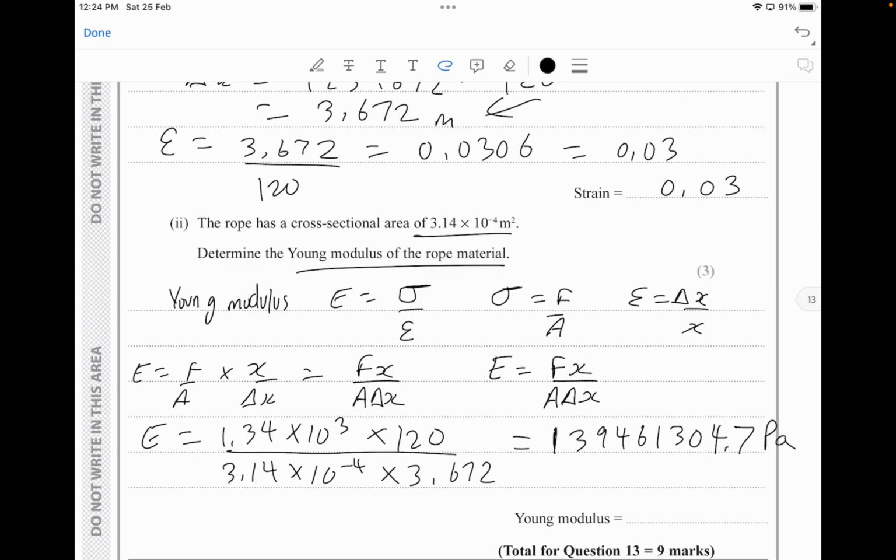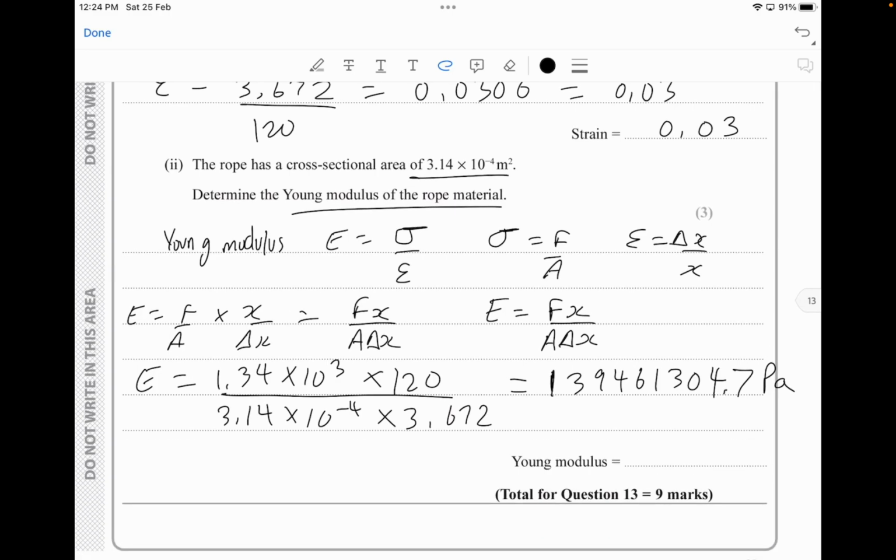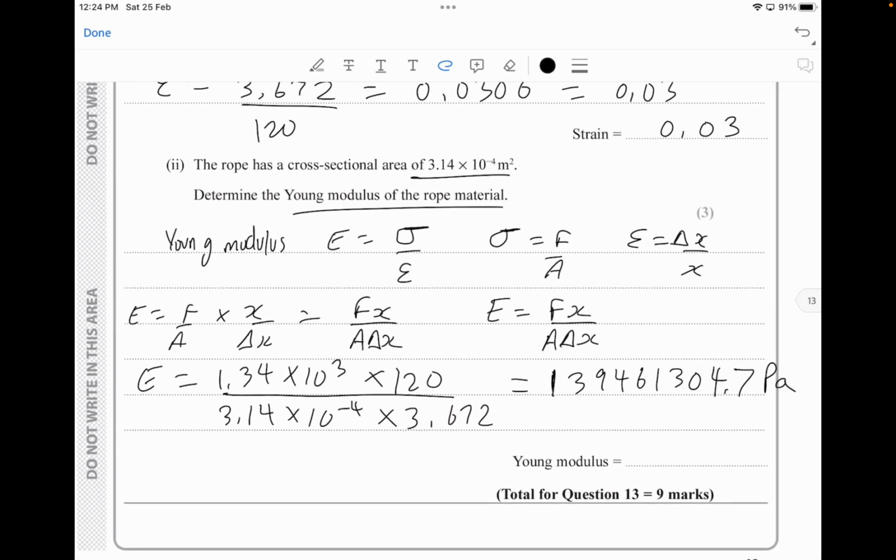Okay, this is going to be in pascals, right? Because Young modulus, since stress is in pascals and strain has no units, the Young modulus value is also going to be in pascals. So your Young modulus is going to be equivalent to 1.4 times 10 raised to the power of 8 pascals.